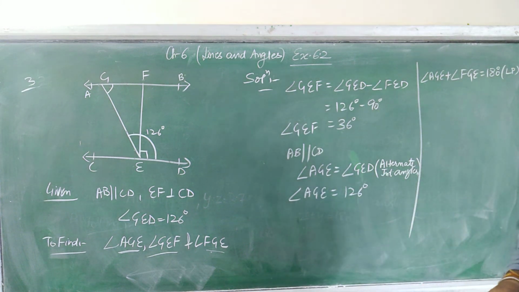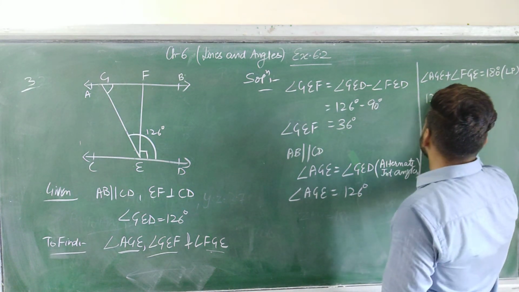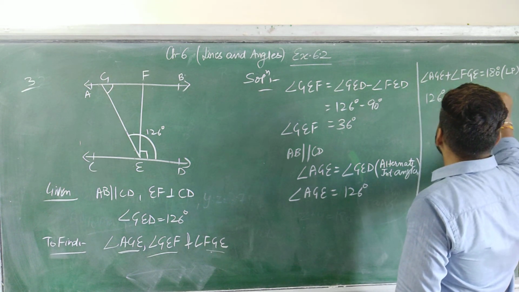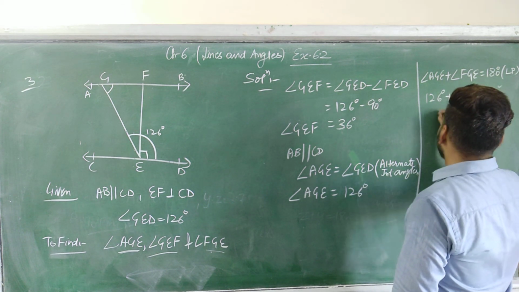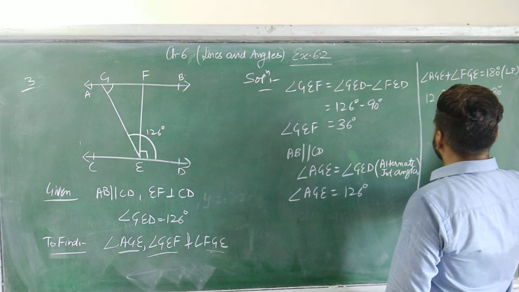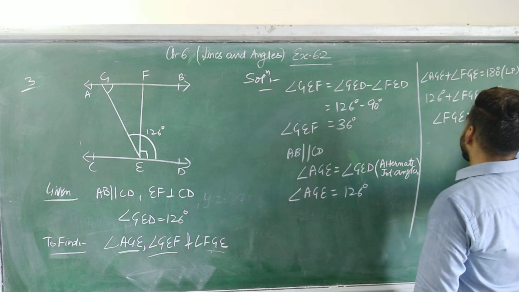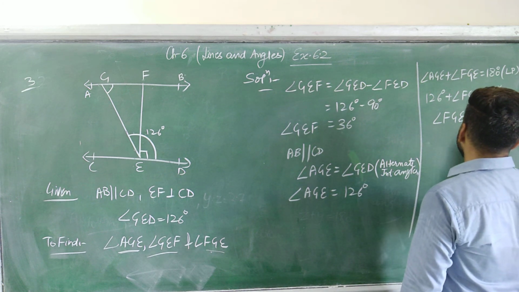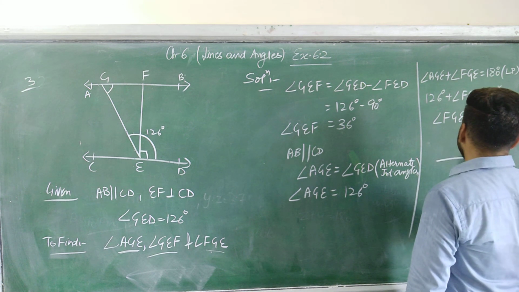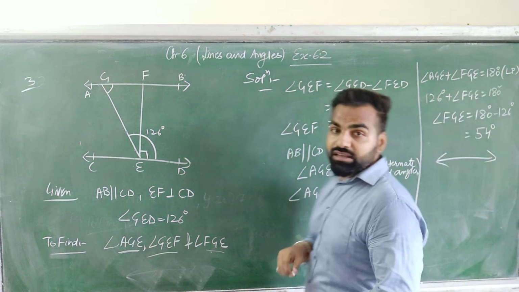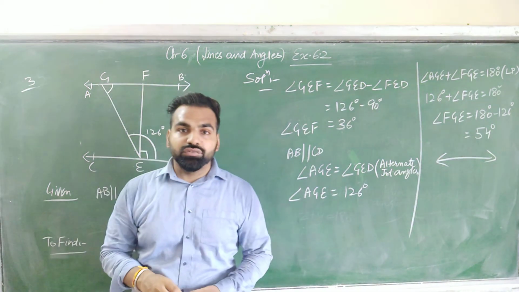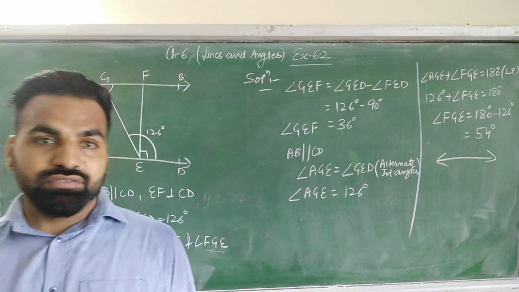So what is the value of AGE? 126. So 126 plus FGE is 180, and from here angle FGE is 180 minus 126. This is equal to 54 degrees. So this is angle FGE. So this was question number 3. In the next video we will discuss the rest of the questions of this exercise.